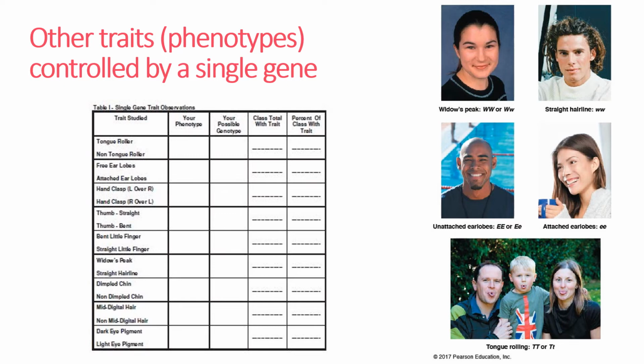Those are all single gene traits. Other single gene traits are whether or not you have a straight thumb or a bent thumb, sometimes referred to as a hitchhiker thumb, a straight pinky finger or a bent pinky finger, or a cleft in your chin, a dimple in your chin. You can Google what these might look like, but these are all single gene traits.